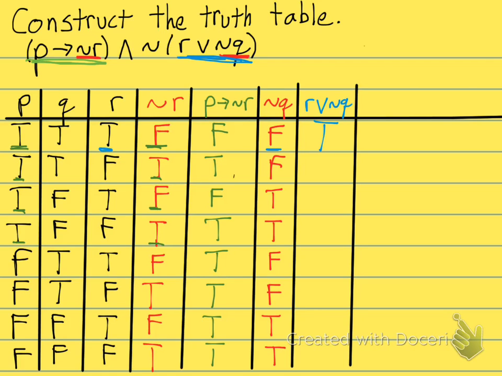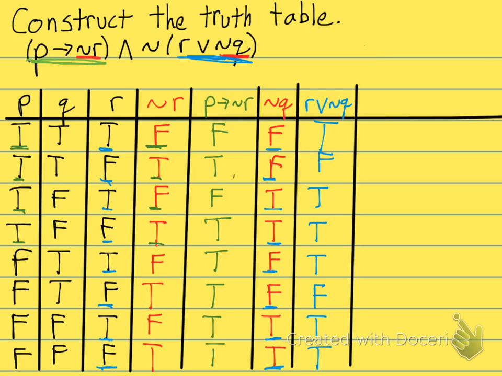Apologize for that. False or false would be false. True or true would be true. So we fill a few more out. False or true would be true. True or false would be true. Bringing us down to false or false, which would be false. True or true, which would be true. And false or true, which would be true.